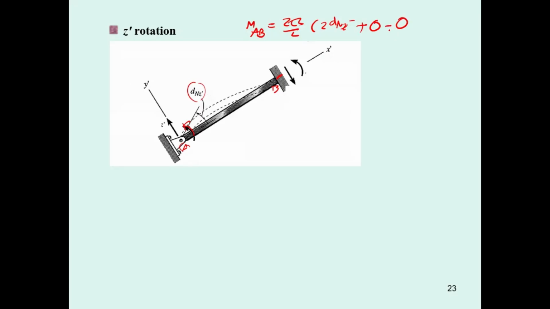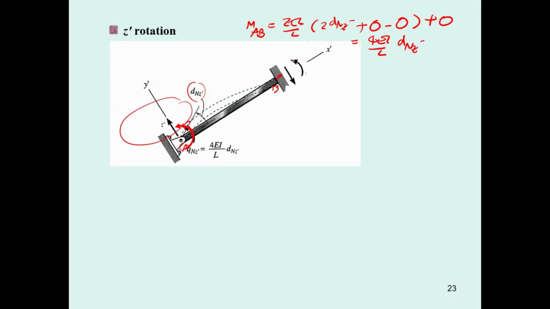No differential settlement. And then fixed end moment is going to be 0. No loading. So M sub AB is going to be equal to 4EI over L, D sub n z prime. You will have the slope over here. And that's going to be 4EI over L, d sub n z prime.